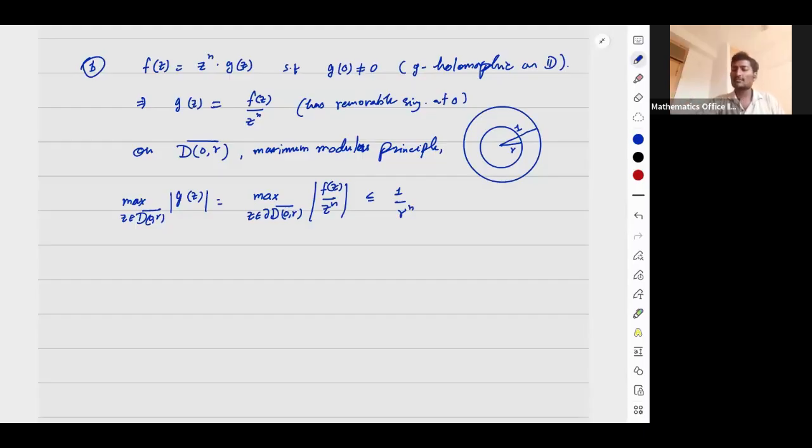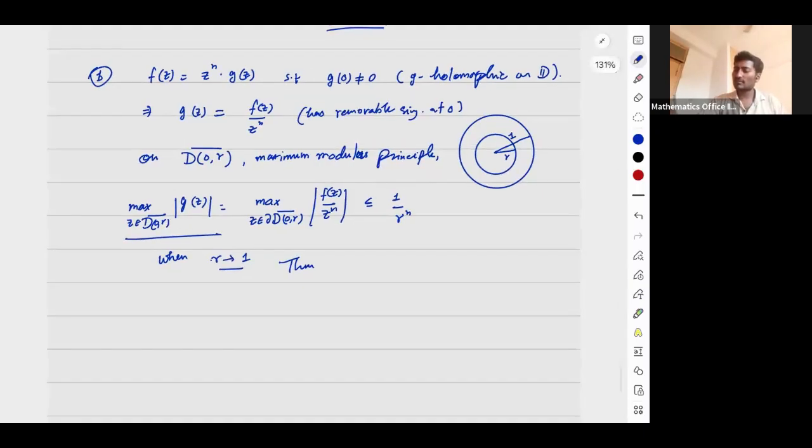So when r tends to 1, then this maximum value, maximum of mod G(z), z belonging to the whole unit disk D(0,1), we can write this way: maximum, z belongs to D, this is bounded by 1 as r tends to 1, since 1 by r to the power n goes to 1.